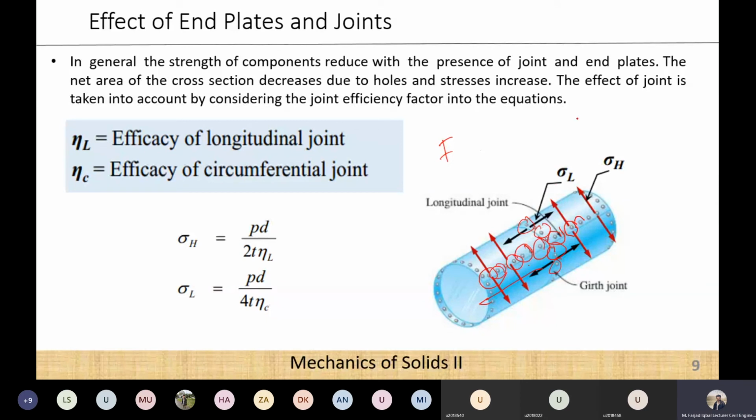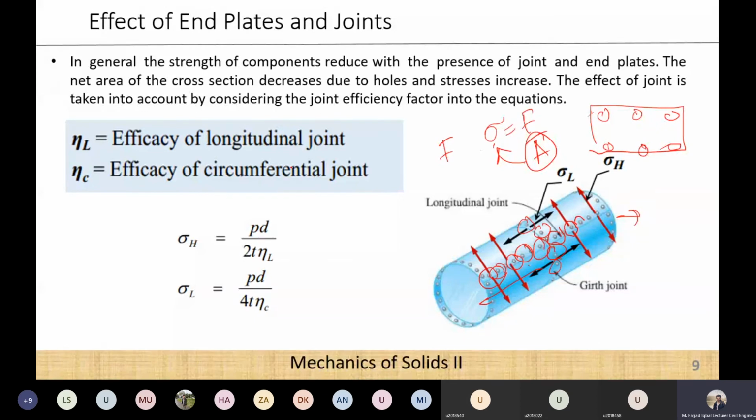For example, let's say if this is the straight sheet and you make the holes over here to insert the bolts or any other thing, then the cross section area will reduce. So when the cross section area reduces, since stress is force over area, the stress will increase. So what will happen if the stresses are increased? Stress is due to the fluid flowing inside the cylinder. The stress will increase, and the chance of failure for this cylinder will increase. So that means the strength will reduce. Stress will increase, but the strength of this cylindrical section will reduce.